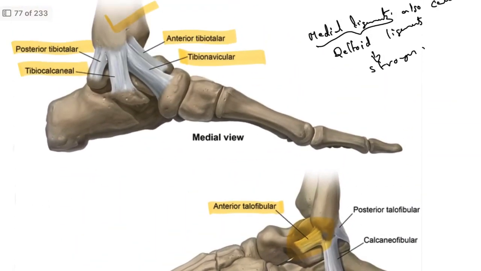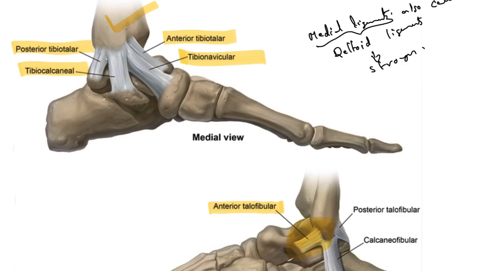The ankle joint is a hinge joint with strong deltoid ligaments medially and weaker ligaments laterally. The anterior tibiofibular ligament is most commonly torn, always tears first. This is the mnemonic: high ankle sprains involve the anterior inferior tibiofibular ligament.